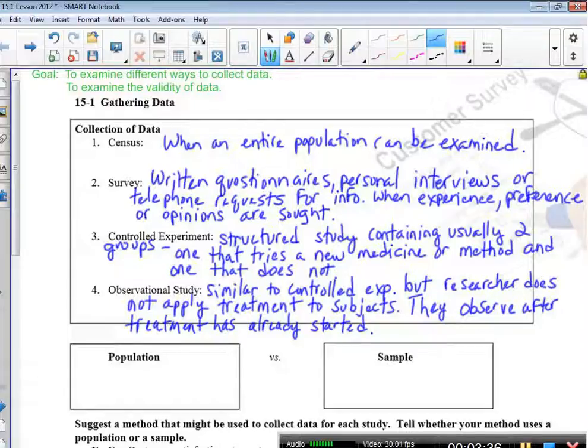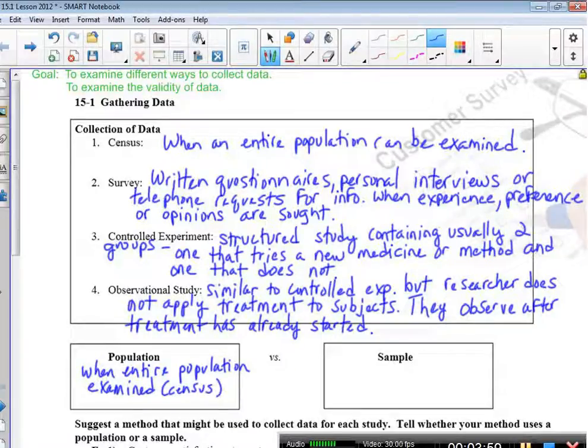Okay, population versus sample. Population is when the entire population is examined, like the census.